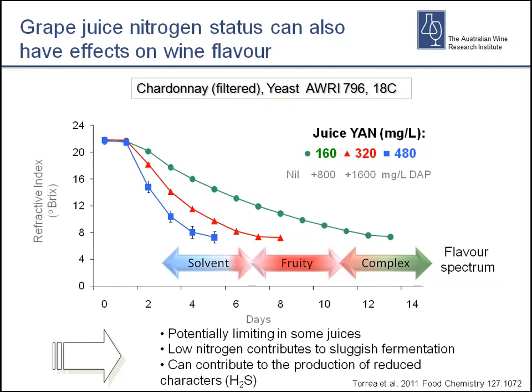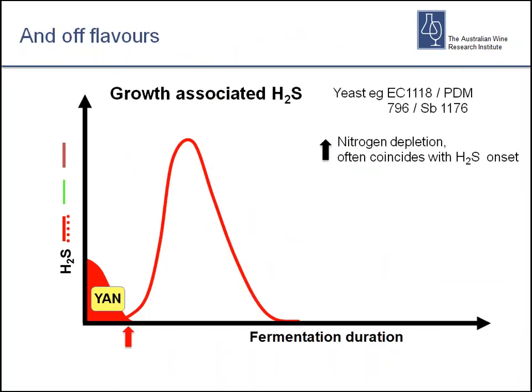I want to move on now to talk a little bit about also flavour management, so production of H2S. DAP addition is routinely used to reduce growth-associated production of H2S. This graphic here shows the relationship between initial YAN status and onset and total production of H2S.